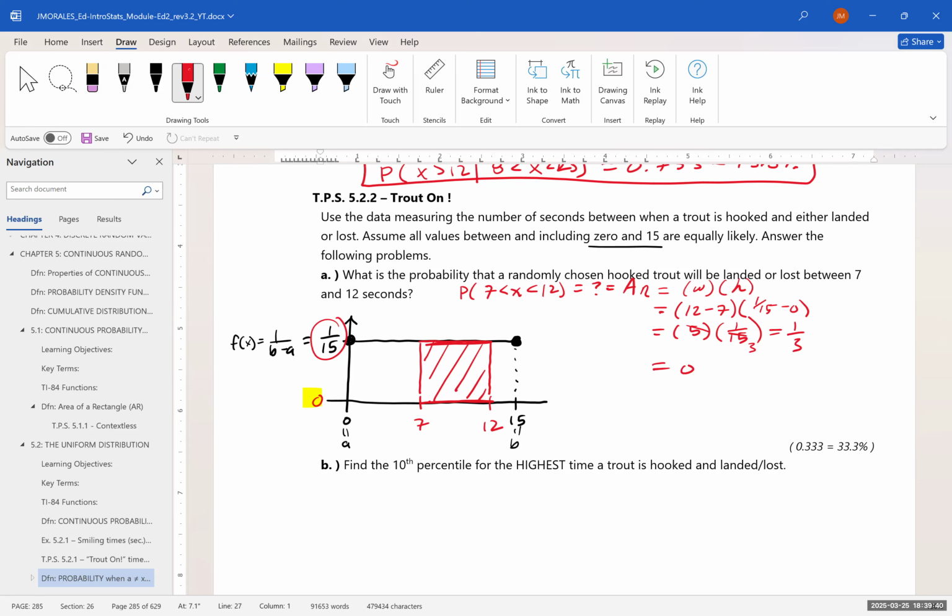And that's where 0.333 repeating comes from. So the probability that a randomly chosen hooked trout will be landed between 7 and 12 seconds is 33%.